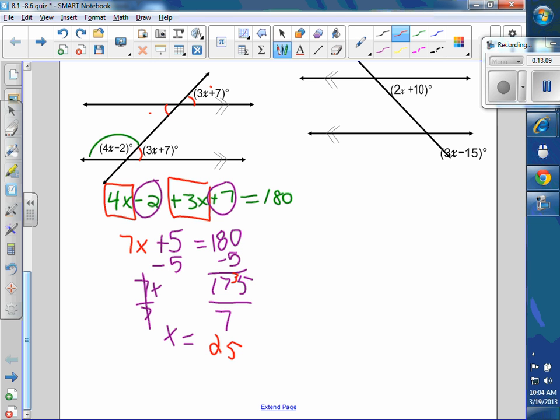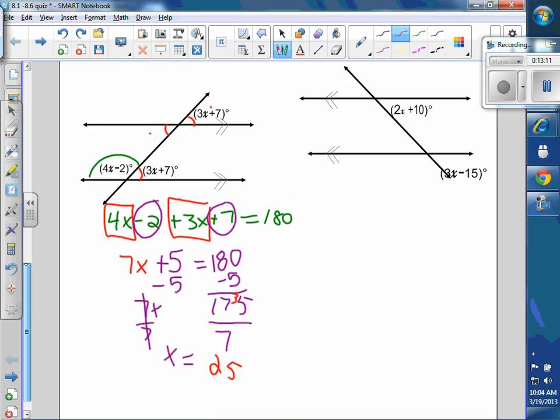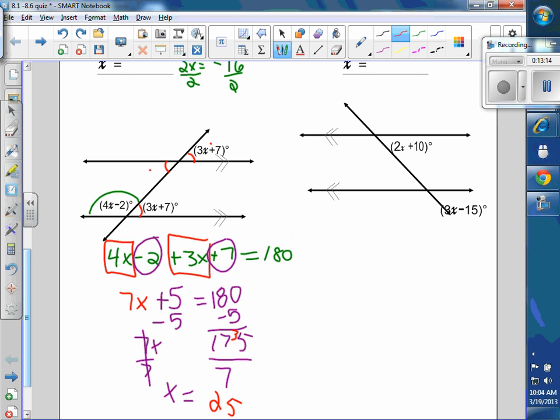Emilio. Down here? Okay, so what I did was, I know it wasn't originally there, but with my lines and the rules, we know that alternate interior angles of parallel lines are equal. So I'm saying these two are equal.